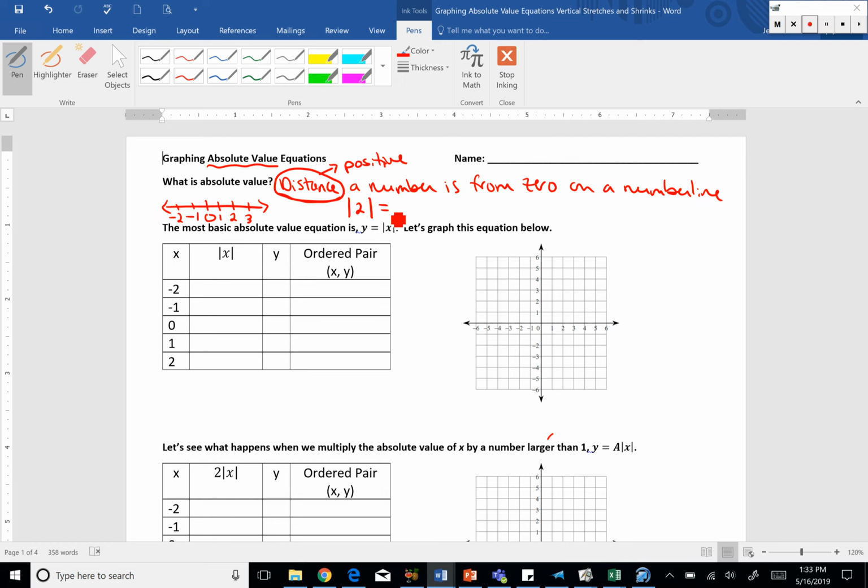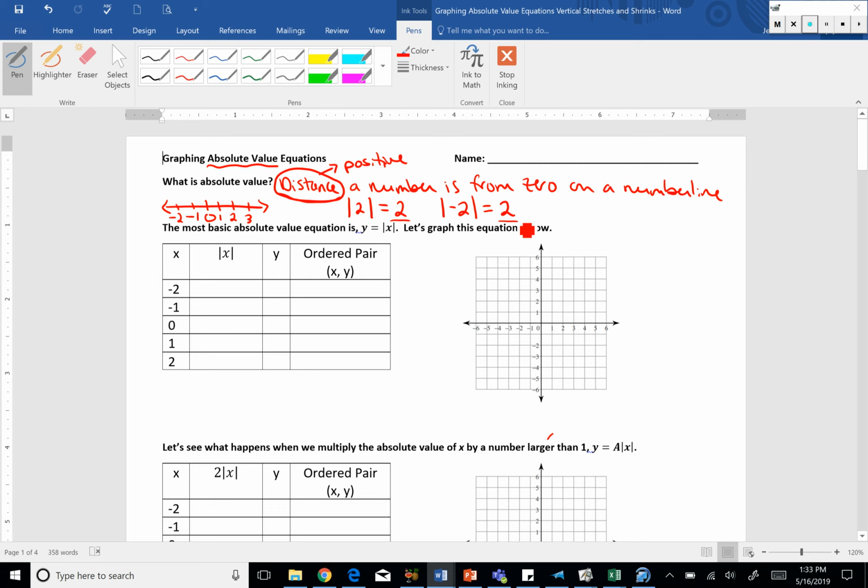How many spots? 2. Okay, so in turn, let's go to the other side of the number line. What's the absolute value of negative 2? Or in other words, how far away from 0 is negative 2? It's 2. So notice positive 2 and negative 2, they have the same absolute value.